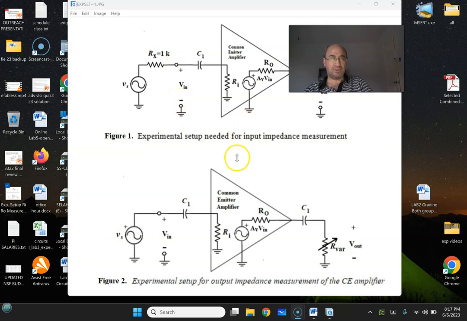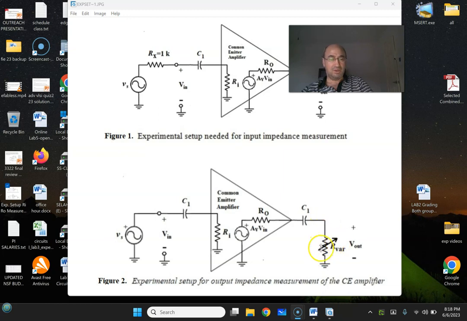And for the output resistance measurement, you can simply tie an input source, very small, to excite this amplifier. And then at the output, you connect a variable resistor in kilo ohm range. So prior to connecting this variable resistor, you first calculate the output voltage.